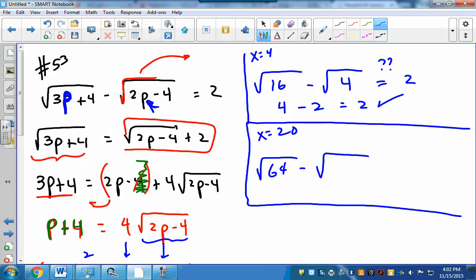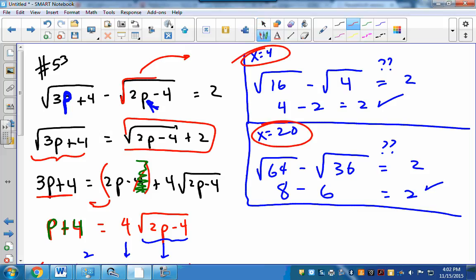So 2 times 20 is 40. 40 take away 4 is 36. And that's supposed to be 2. The square root of 64 is 8. Square root of 36 is 6. And 8 minus 6 does equal 2. Yes, that does check. So this problem does have 2 solutions. X is 4. X is 20.